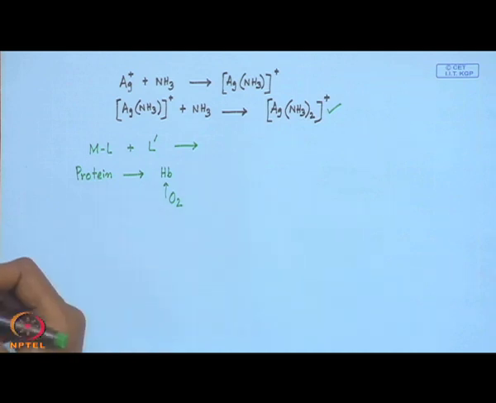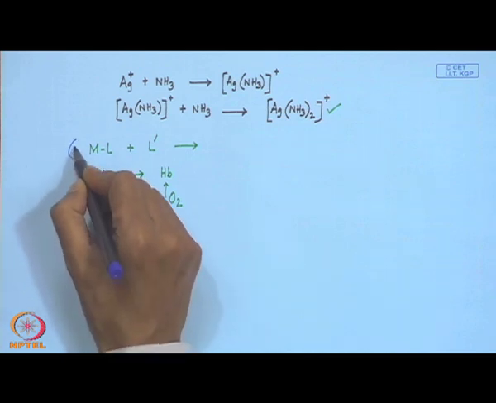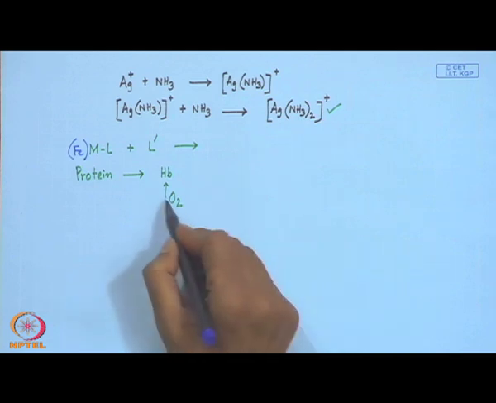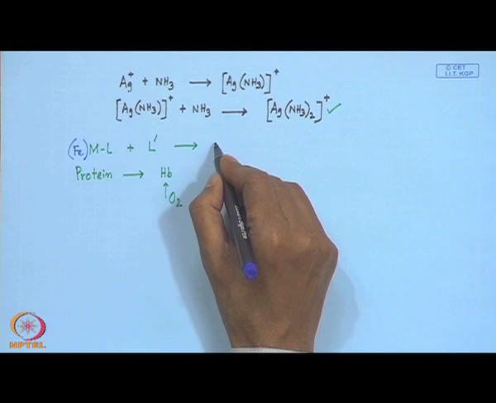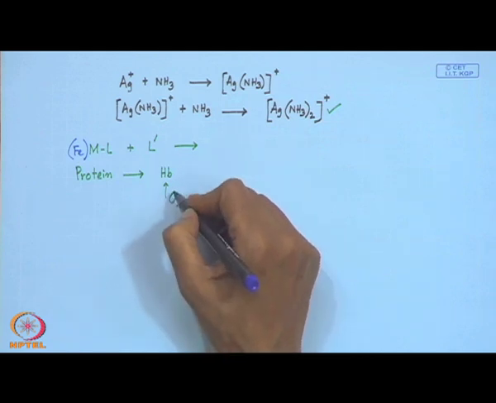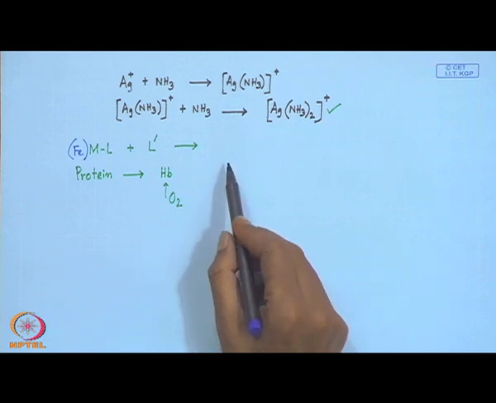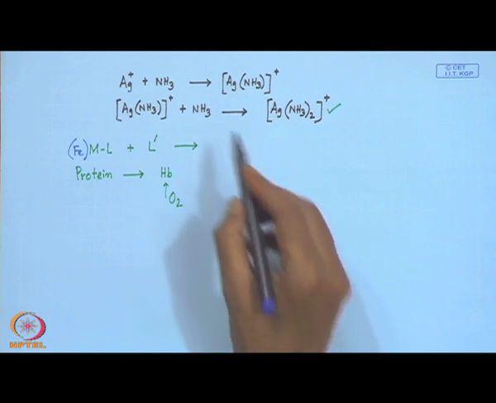So, L prime would be our oxygen molecule and we have the metal center as iron. This metal center is our iron center and this L prime is our O2. So, the binding of O2 to the hemoglobin molecule can also be studied in the same fashion by the different steps if there is more than one step.